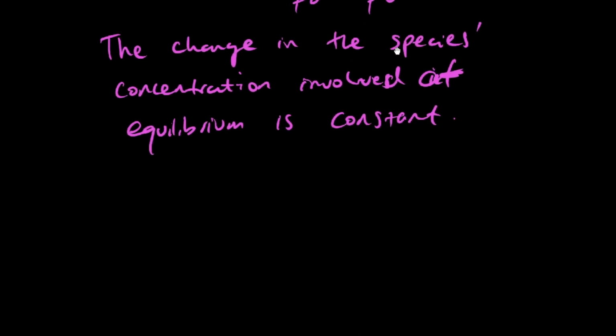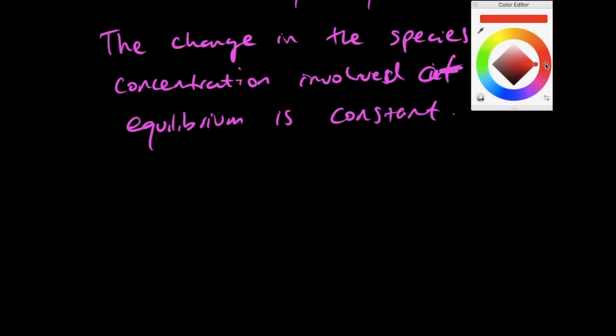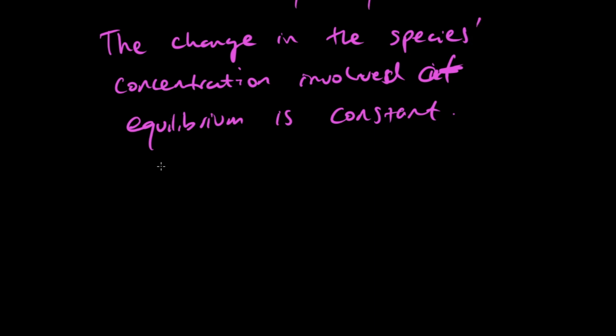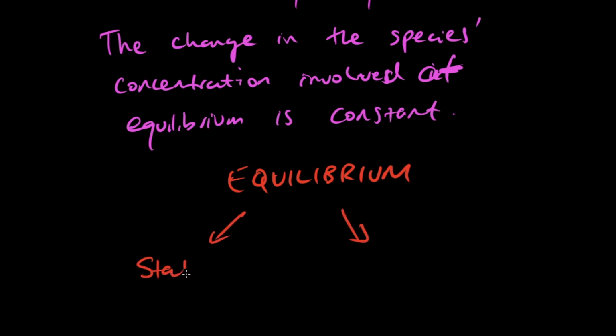Now, lastly, we're going to touch on static equilibrium. Equilibrium can be classified into 2 types: static and dynamic. We already touched on dynamic equilibrium.